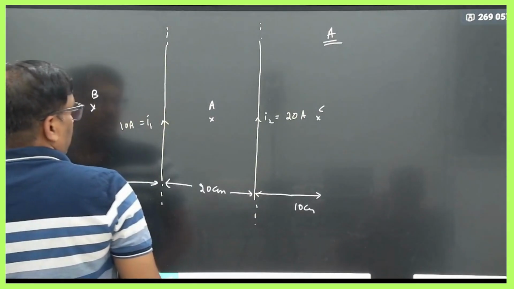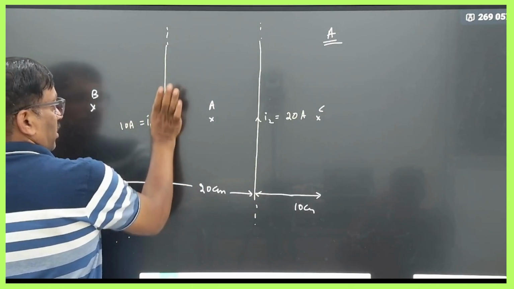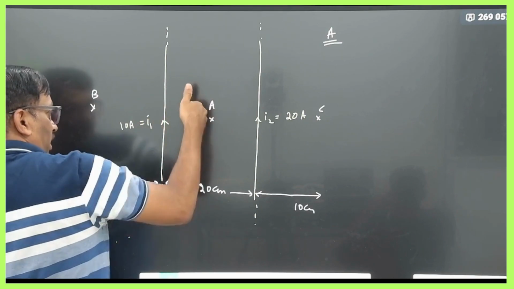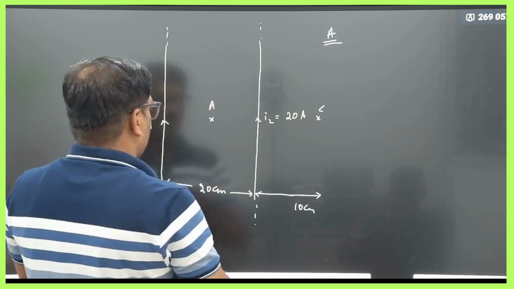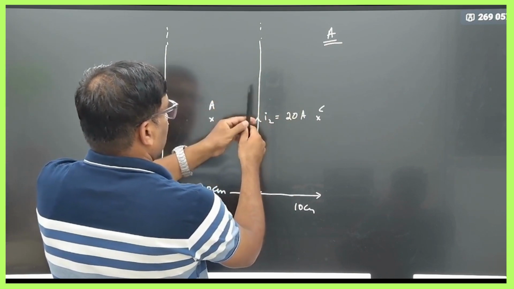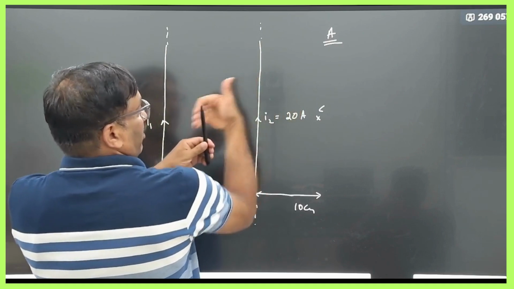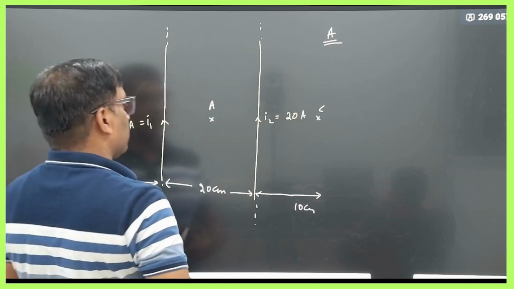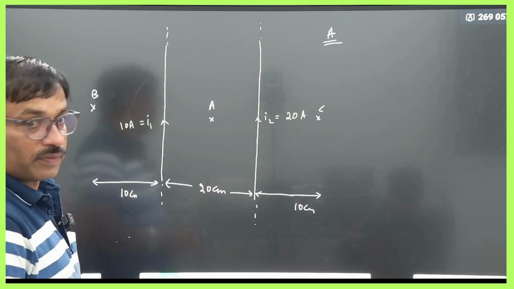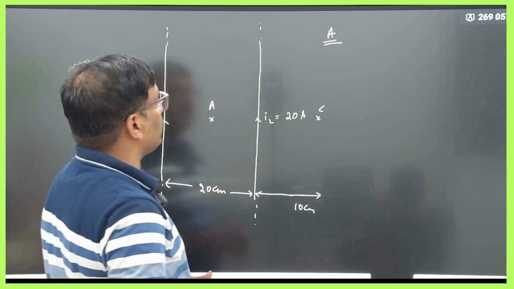Listen. Here this is a current, and this is the magnetic field. Due to this one, the magnetic field is inside. And due to this one, the current is like this, so the magnetic field is outward. So due to this one it is outward, due to this one it is inward. Clear? Therefore which one is greater?